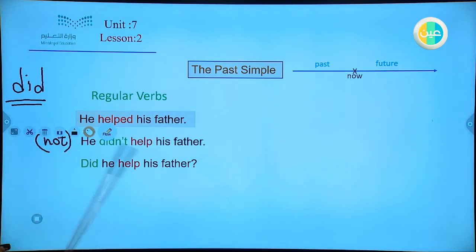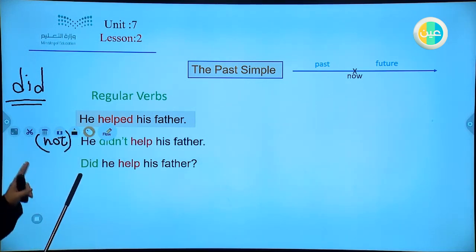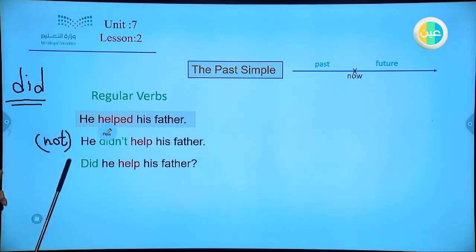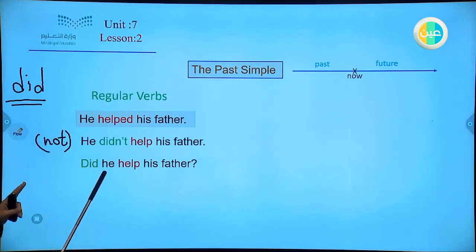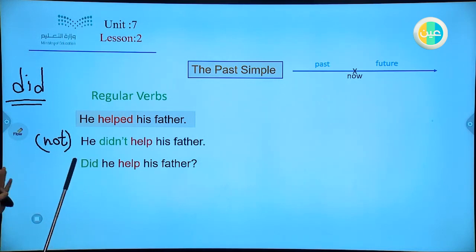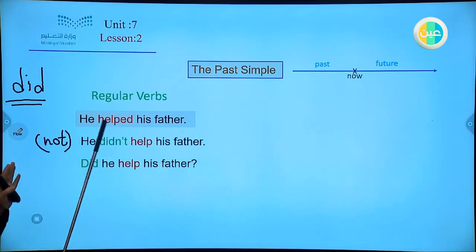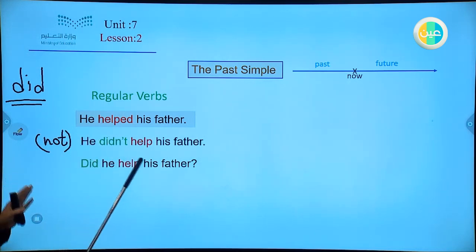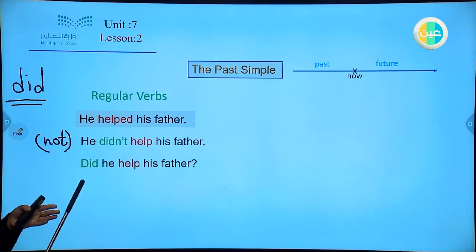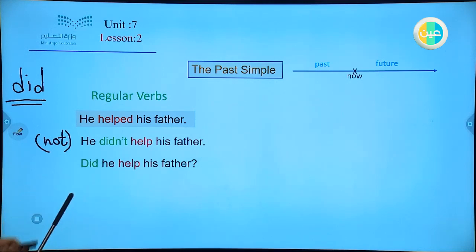This is a yes-no question. When it's a yes-no question, I start with the auxiliary did, and then the pronoun or the name, and I continue with the main verb. Did he help his father? The answer will be yes, he did, or no, he did not. Okay, so simple question, yes-no question.